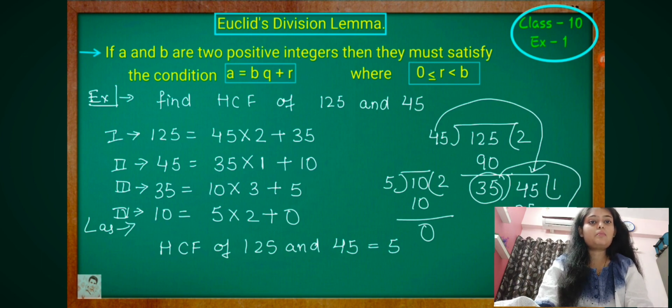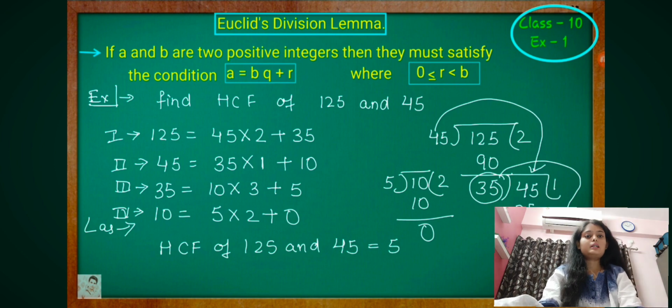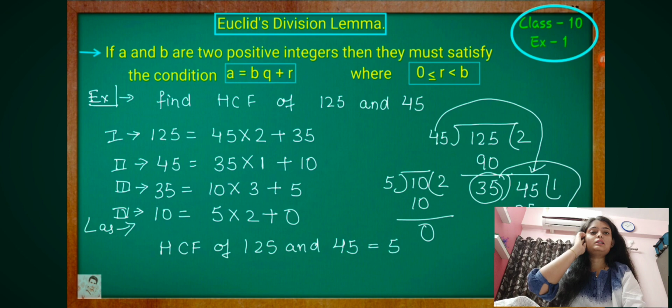I already told you that it is any postulate or statement that we have to prove, and division is the regular usual division. I hope you have understood this whole process of proving a statement with the help of Euclid's division lemma. We will study this further in our upcoming sessions.